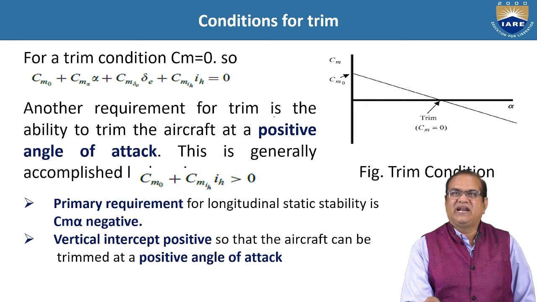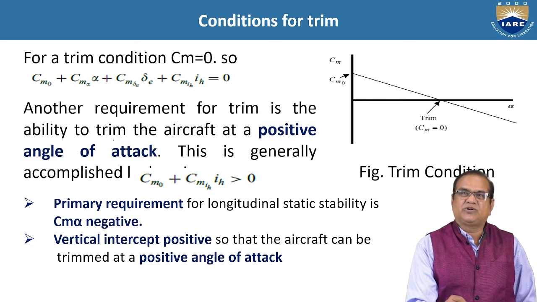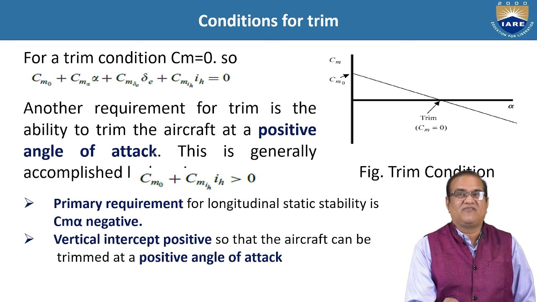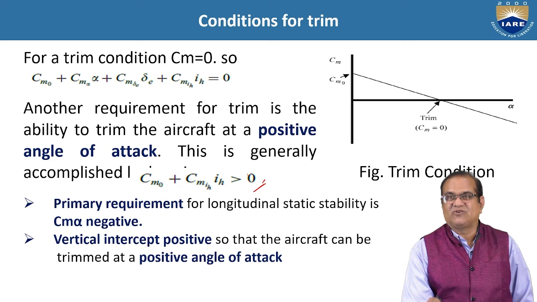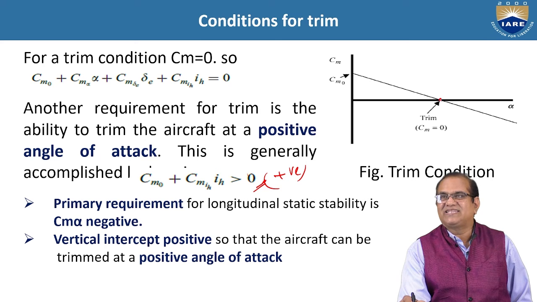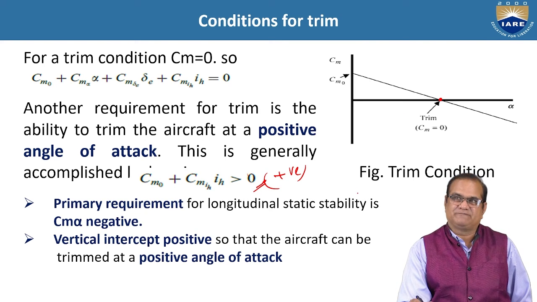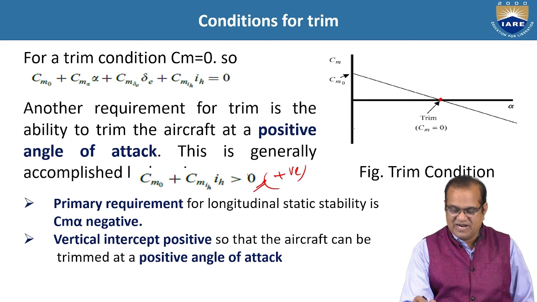Another requirement for trim is the ability to trim the aircraft at a positive angle of attack. This is generally accomplished by Cm naught plus Cm iH being greater than 0, or positive. If these are positive, you will get trim at a positive angle of attack. Otherwise, it will be difficult to get the trim condition.